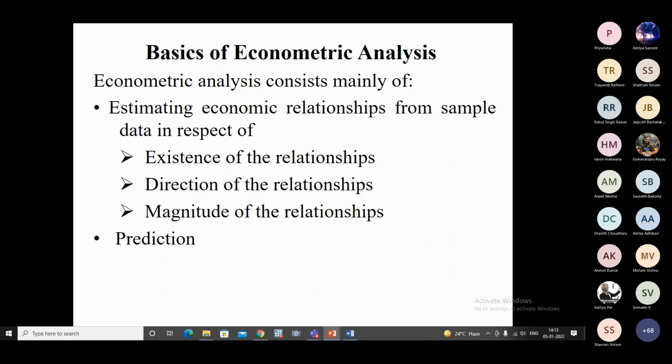Suppose I have dependent variable y and the independent variable x. I estimate a model, and if the corresponding slope coefficient is statistically significant, then it essentially suggests that there is a relationship.